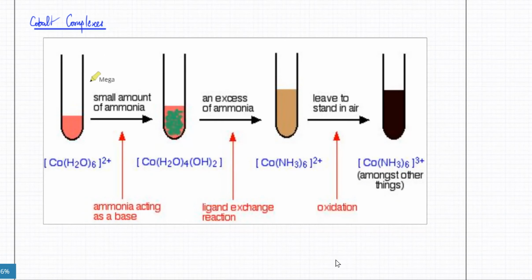So the first one is pink. Remember cobalt was used as a test for water as well. When you add water to cobalt, it turns pink, and this is the pink color that you get. Cobalt with water and OH ion, that's an insoluble precipitate, and it's a green precipitate. You add ammonia to it. Cobalt with ammonia, that's a brown solution. With 6 NH3s, I mean, the number of NH3s can vary.